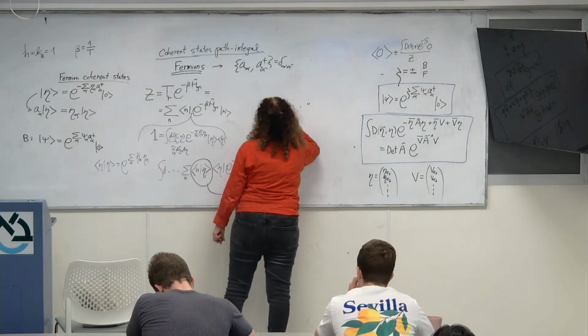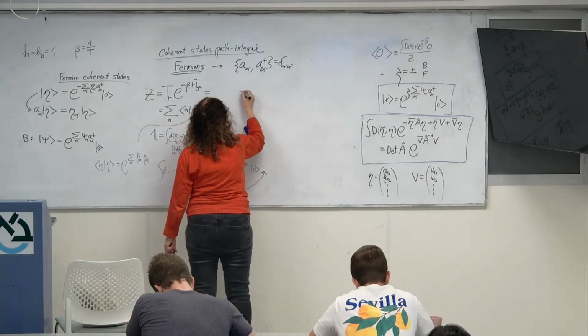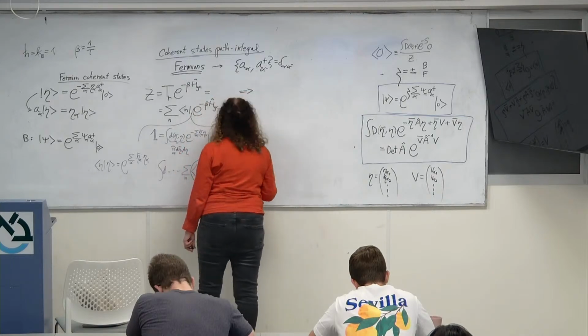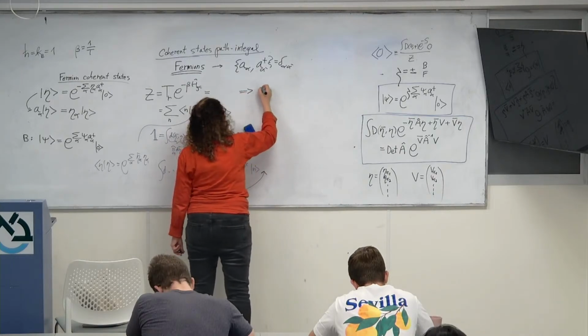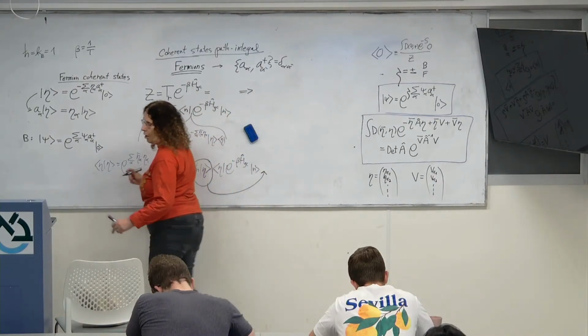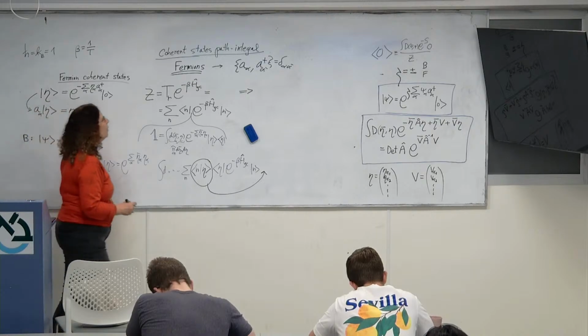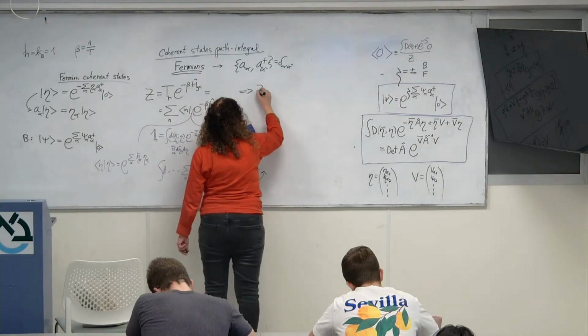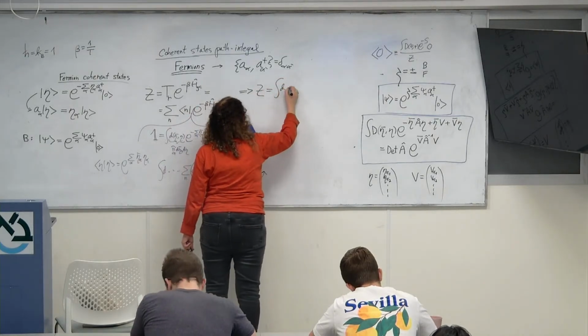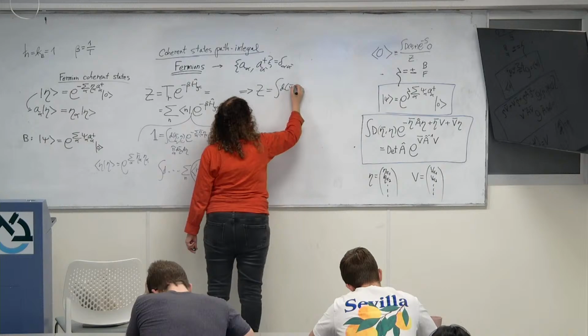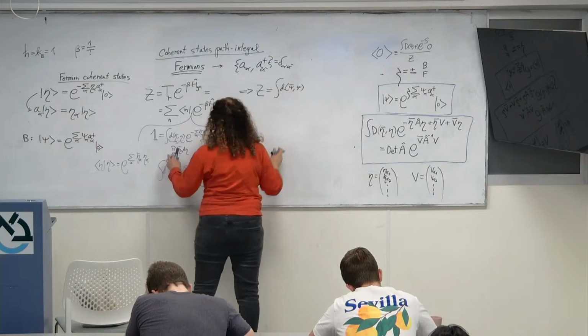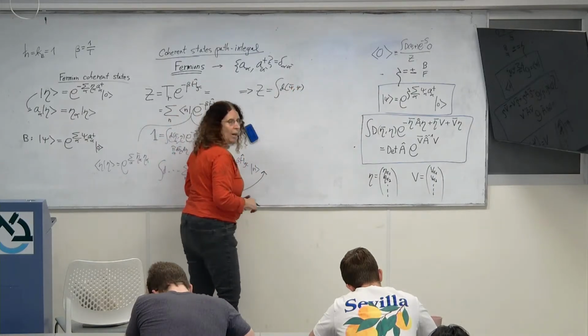Okay, so what I'm getting, to cut a long story short, is I will get a minus, write it like this. So after I get rid of the resolution of identity and all that, I get that the partition function is, okay, let me call it psi and not eta.